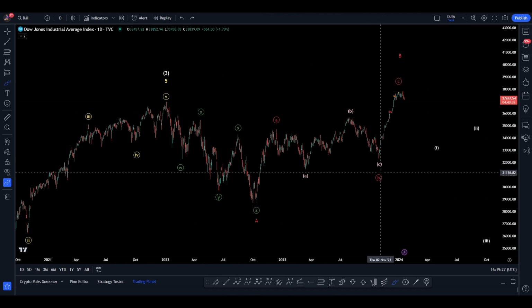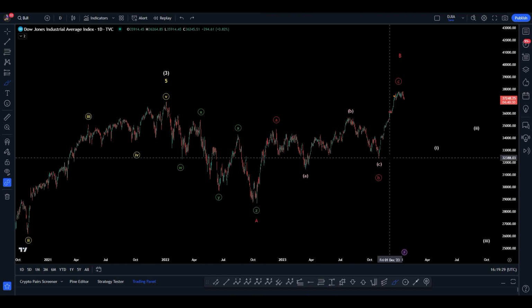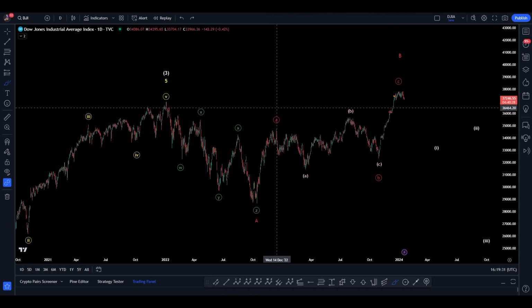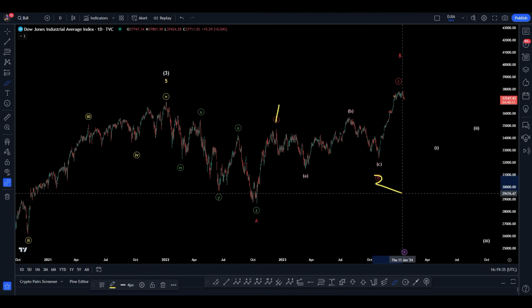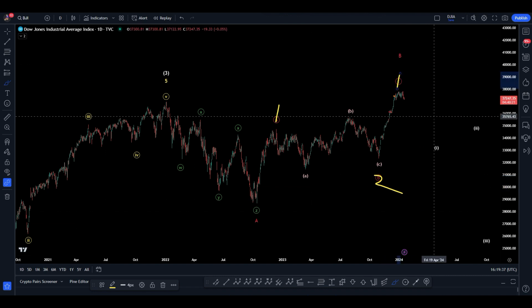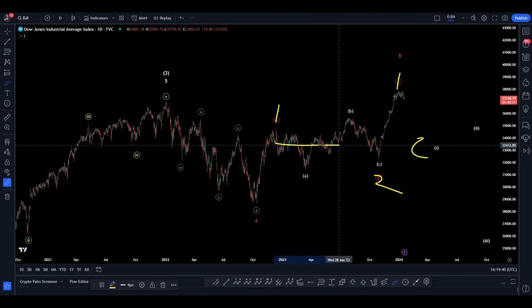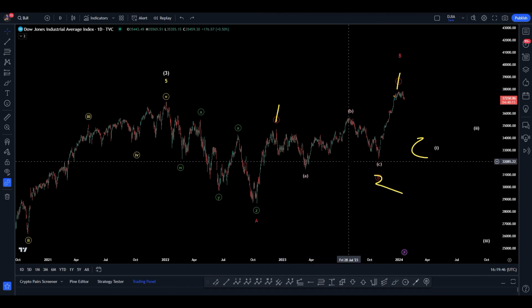Okay? You could go, instead of ABC, you can go 1, 2, 1, 2, but this second wave is absurd. When it's absurd like that, it's probably a B wave. Just throwing it out there. If it looks messed up, it's probably a B wave. Probably a B wave.